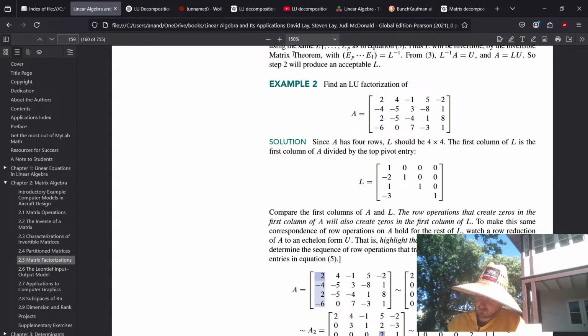So -4 minus 2x is equal to 0, so x equals -2. Then you're going to put a -2 there. Then 2 minus 2x equals 0, so you're going to get 1 there. Then for 6, 6 minus 2x equals 0, so x equals -3.